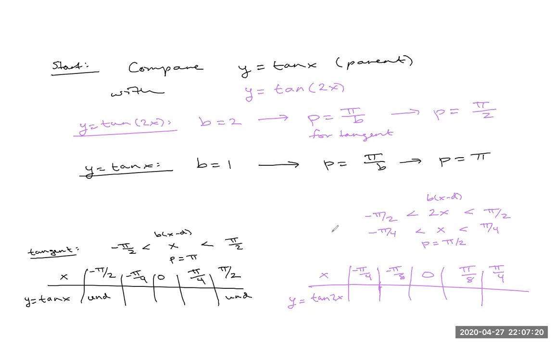Okay, so when you actually do all your plugging in, you'll find undefined, undefined, and since we have not affected the range at all, we haven't changed A and we haven't changed C from the parent graph, we actually expect the same values. So we would expect -1, 0, and 1. Okay, and we get a graph that looks something like that for one period.